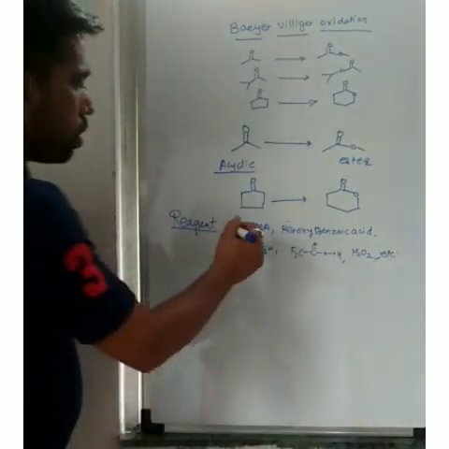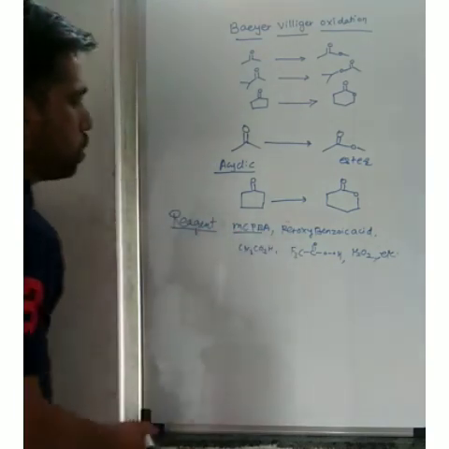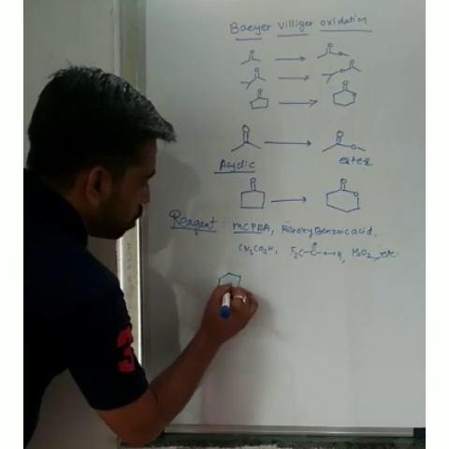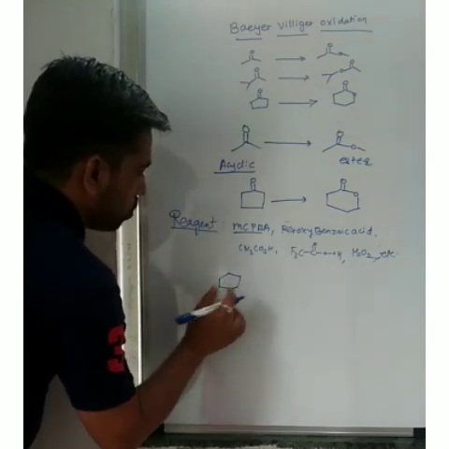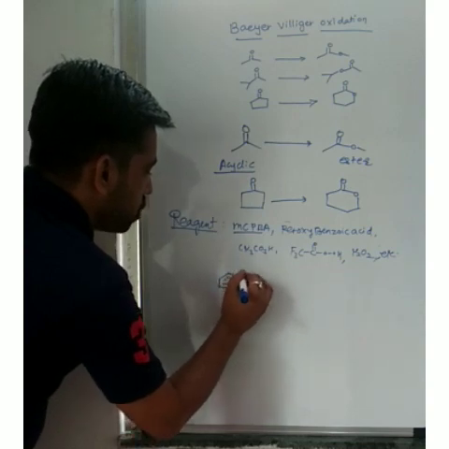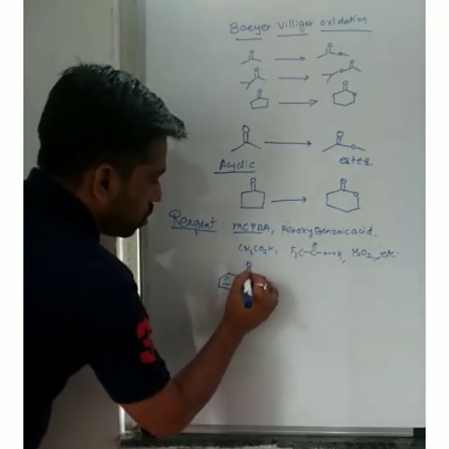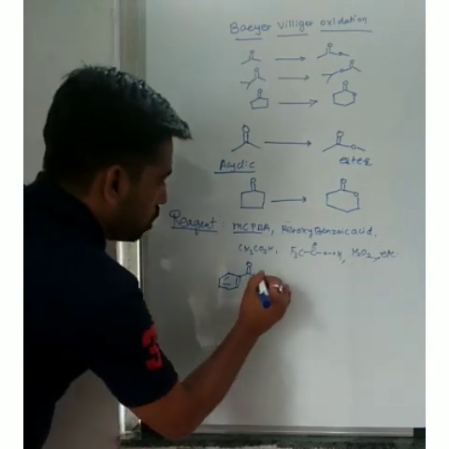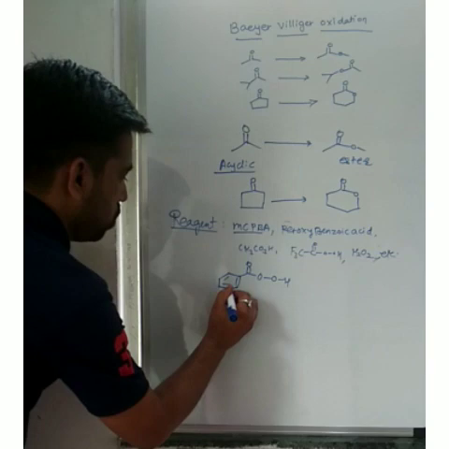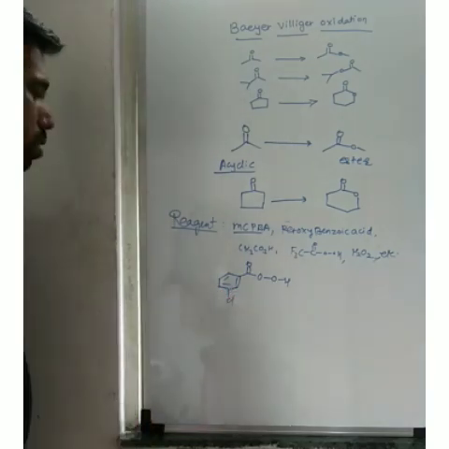Now, first see the structure of MCPBA. This is the commercially available reagent used in the Baeyer Villiger oxidation, and the structure has a C double bond O, OH, and chlorine at the meta position.